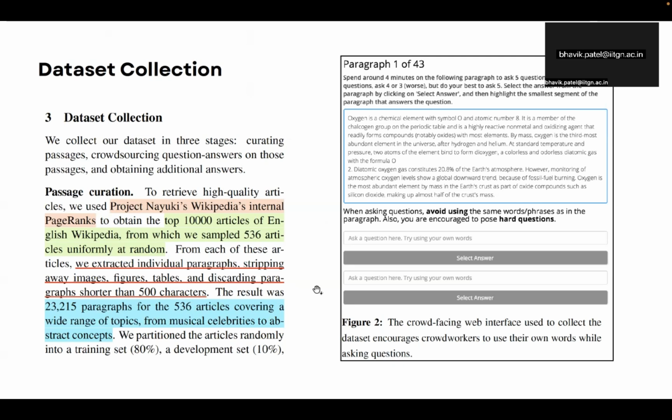These passages covered a diverse range of topics. After that, in this slide you can see on the right side the interface that they used for crowdsourcing.